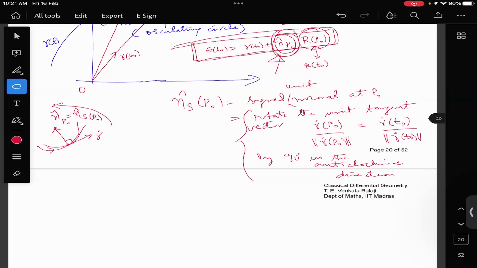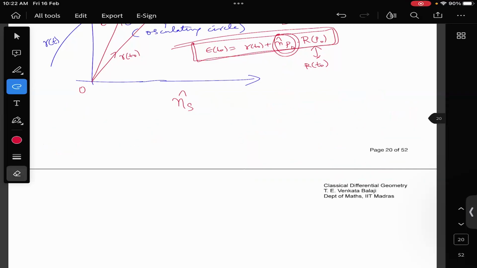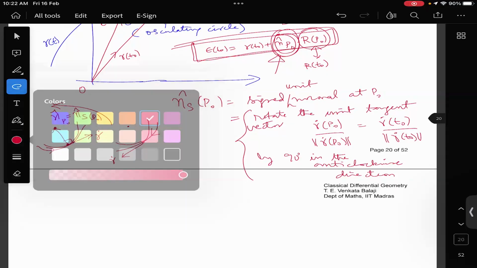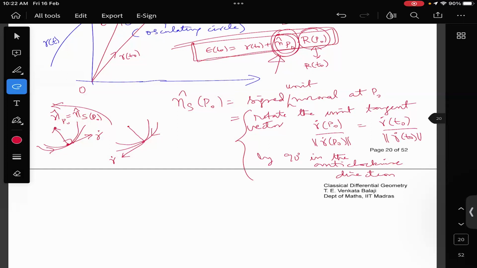So instead of going like this, suppose I went like this, then at the same point the tangent vector will now become like this. Now again, the circle of curvature has not changed, the center of curvature has not changed. So the geometric normal will be like this again.